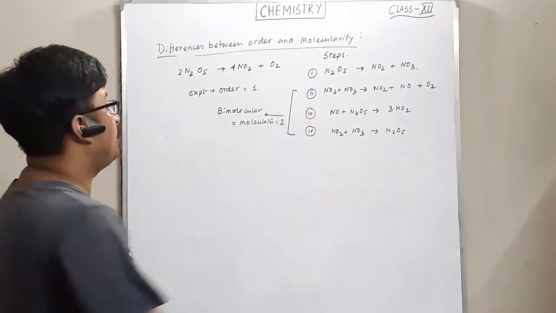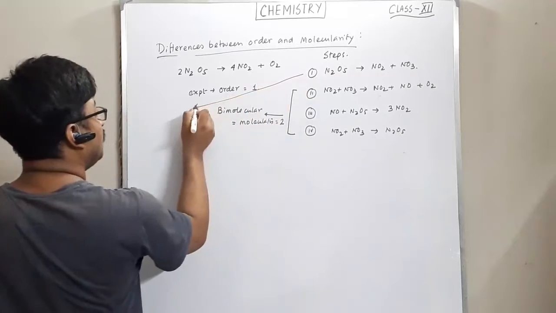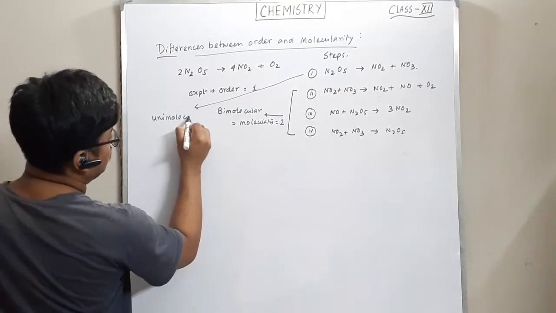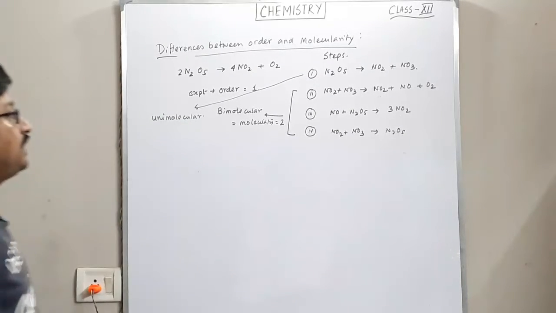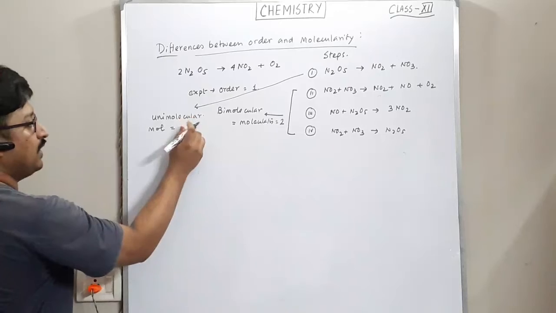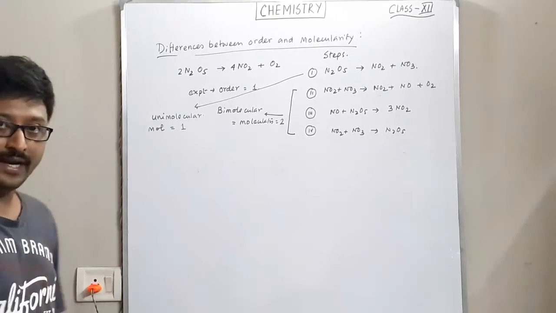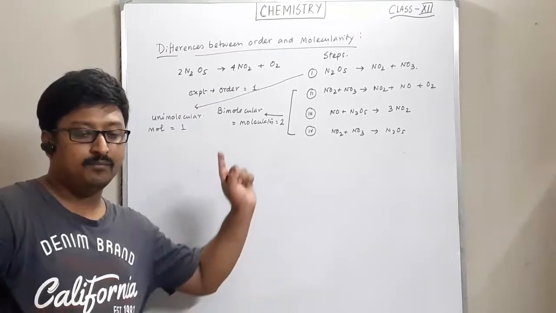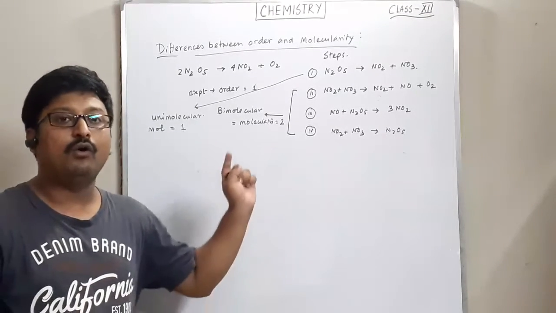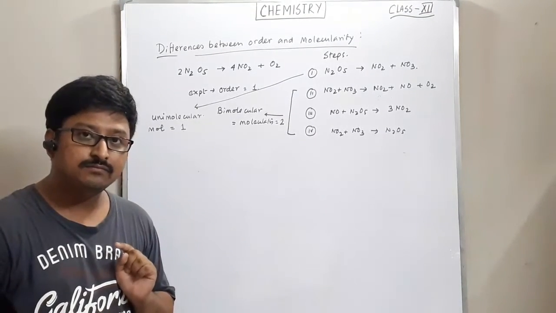But step 1 is unimolecular, that is, molecularity equal to 1. But the molecularity of the slowest step is considered to be the order of the overall reaction.